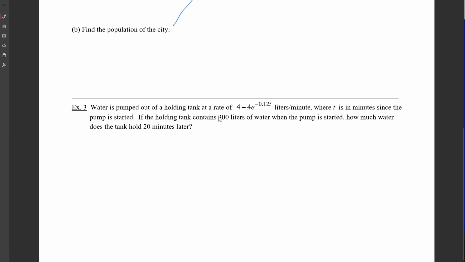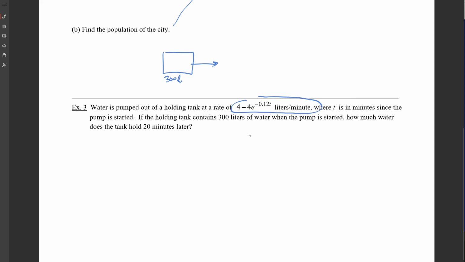All right. So how would you do this problem? There's several ways to do it, but let me go ahead and draw a picture to make sure we understand what's happening. I've got this holding tank, right? And inside this holding tank, I already have 300 liters of water at time equals 0. And then water is being pumped out of it. So going out of this tank is water being pumped out at a rate. Like this is liters, but this one is going to be liters per minute.